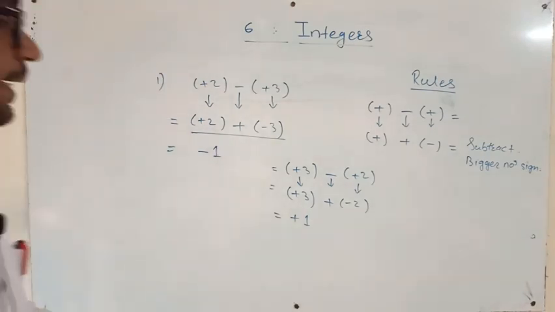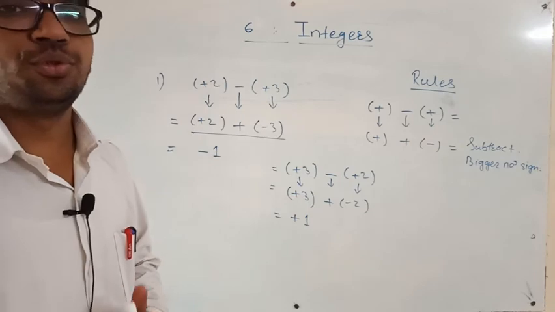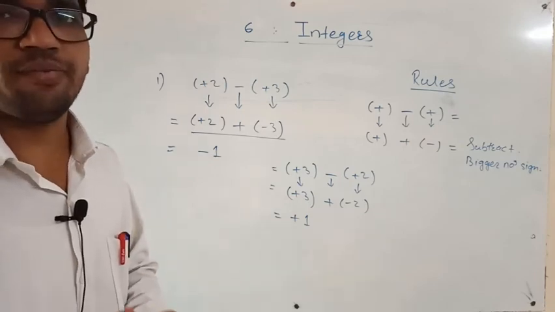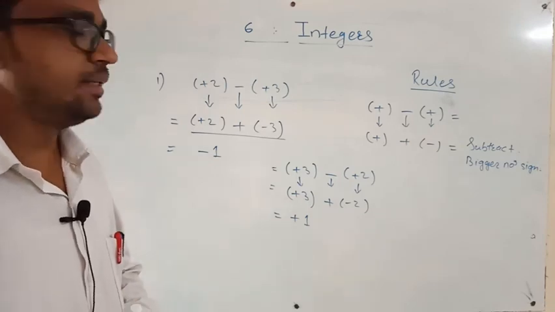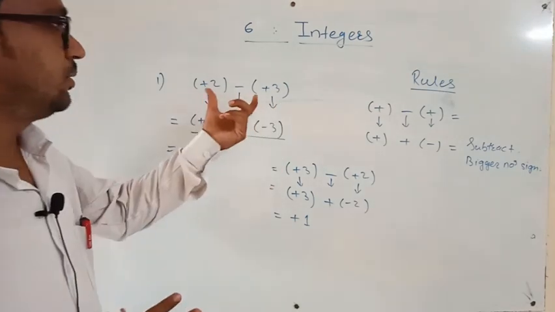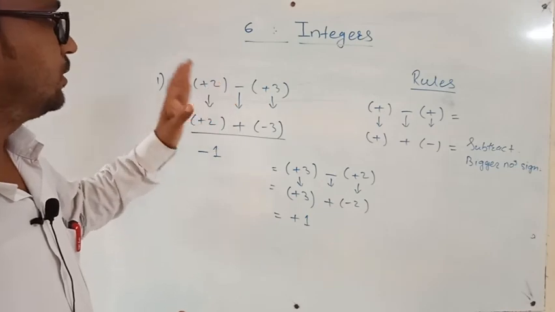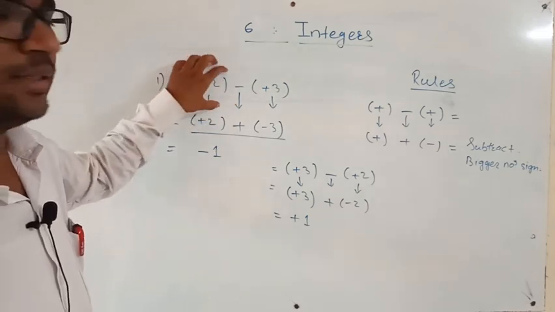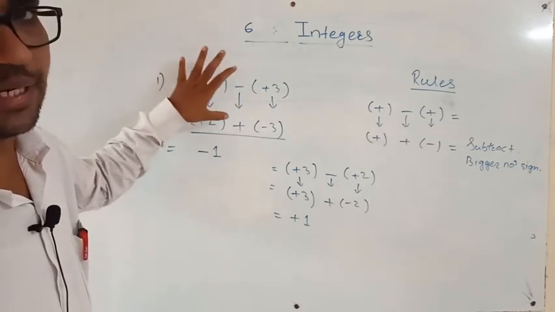It means that if you do the addition or subtraction of integers, then the places must be the same. Means if the place is on the left side, then we have to put the number on the left side only.